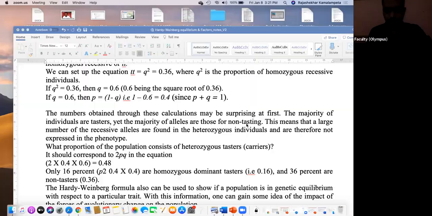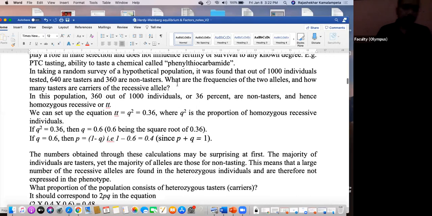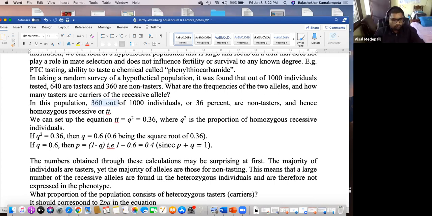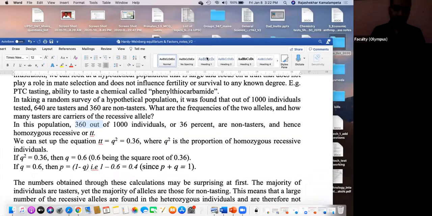Okay. I'll share. I have actually given the description of this in the handout. I'm sharing that with you. So look at this. Briefly go through the answer here. What is given here? We have been given that 360 out of 1,000 individuals, that is 36% of them, are non-tasters.